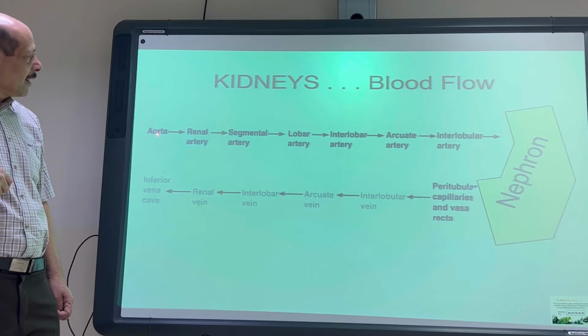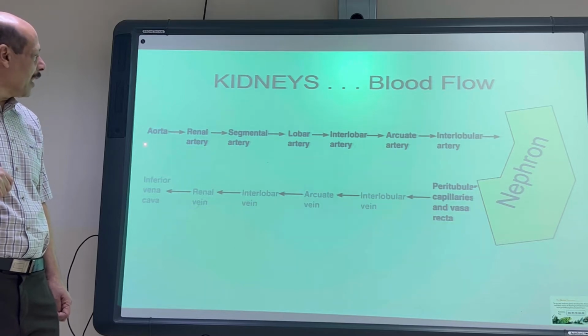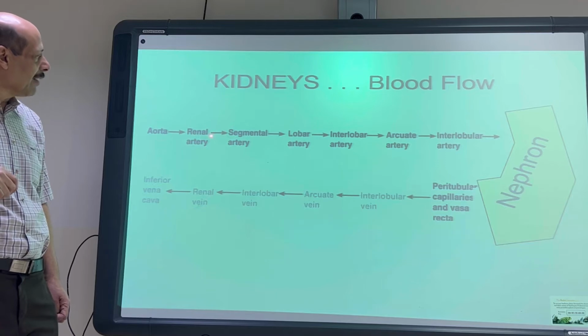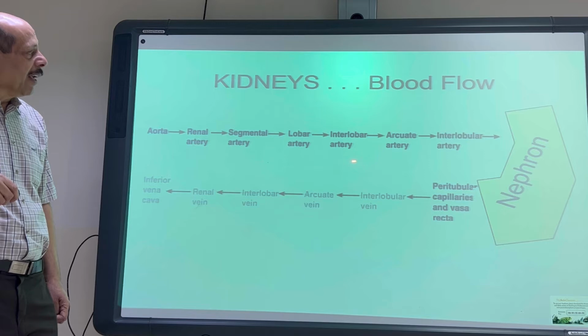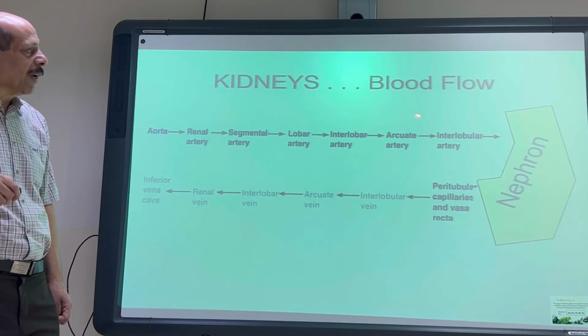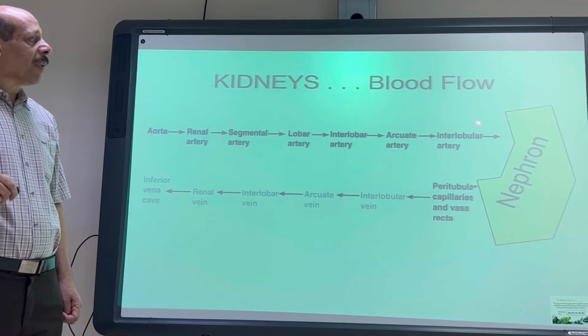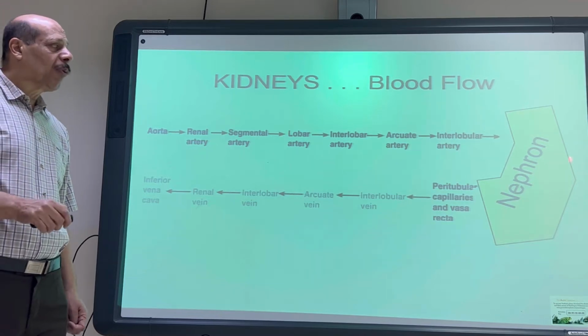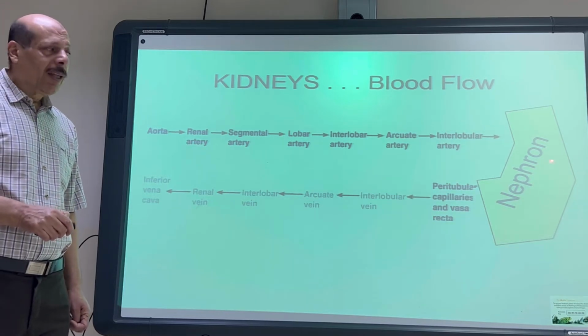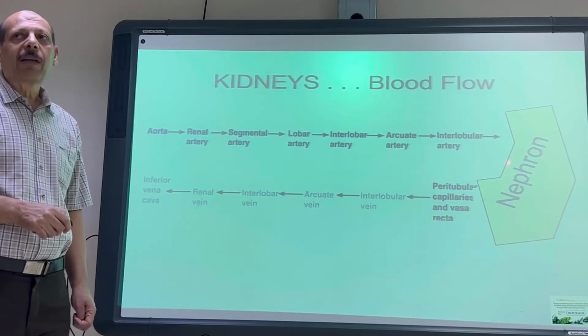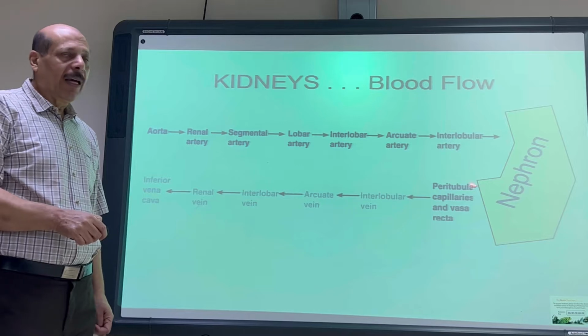As we said, the blood supply to the nephron comes from the aorta, renal artery, segmental artery, lobar artery, interlobular artery, arcuate artery, intralobular artery. Then it will go to the Bowman capsule; we will come to the parts of the nephron.